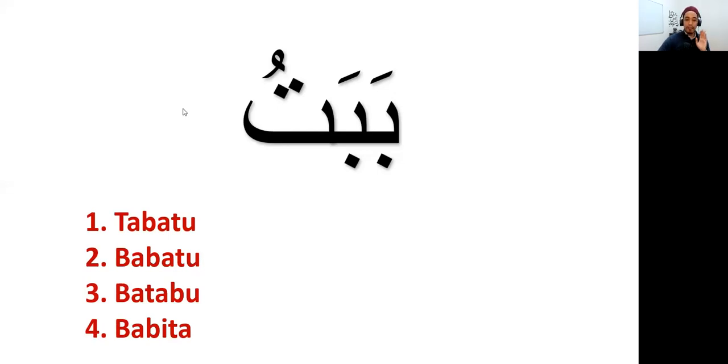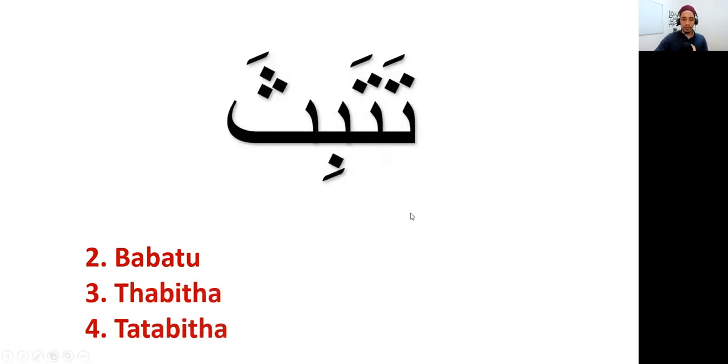The correct answer is number 2. Someone said number 3. With number 3, you're confusing the last two letters, switching them around. You have to look at the middle letter. It's a letter ba with an a, so it's ba. Where number 3 is saying bata, it should be ba ba. Okay, excellent. Last one over here. Okay, there's no number 1. Everyone is saying number 4.